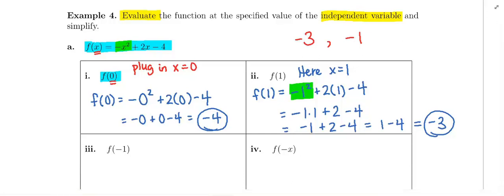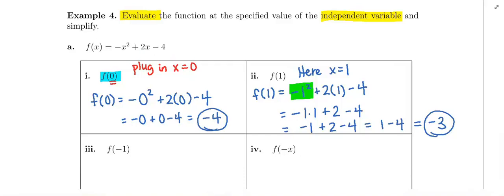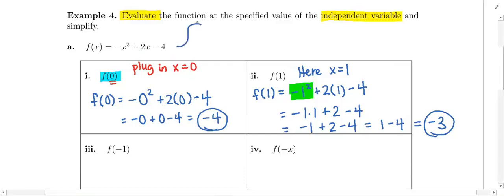Here's what I want you to do. If you have trouble with exponents, and you get a function like this where you're not quite sure what to do with the negative, let's write it like this. f of x equals, again, this negative sign is out front because there are no parentheses. So you can leave the negative sign out front, and then x squared means x times x, plus 2 times x, minus 4.